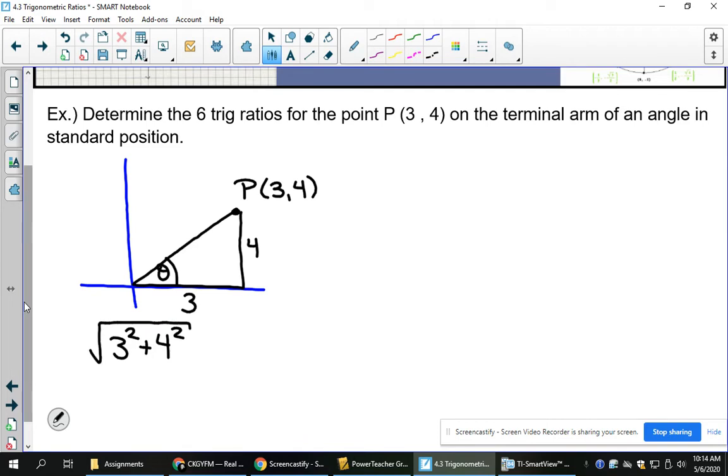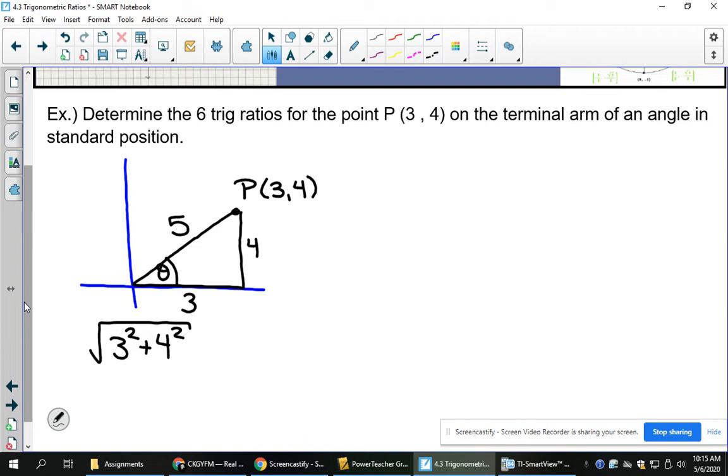And I'm just going to jump to the second step of square rooting that. So we've got 9 plus 16 is 25, and if I square root that, I get 5. Nice and simple example with a whole number there. We'll do some more complex examples in a minute with radicals, which are more common, but here's some nice whole numbers to start us off.